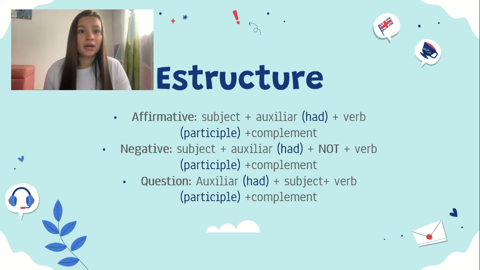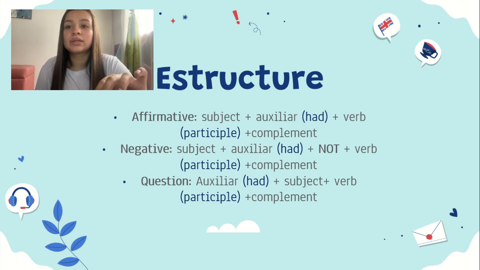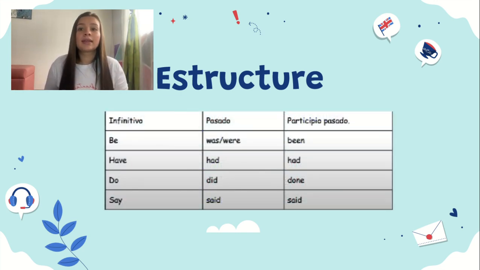Okay, the negative part starts with the subject plus auxiliary had plus not plus verb in participle and complement. In the question part, we are going to start with the auxiliary had plus subject plus verb in participle plus complement.